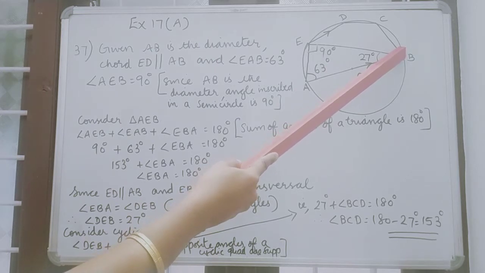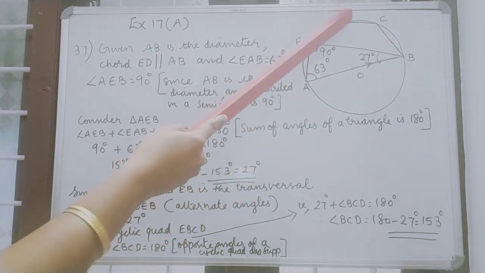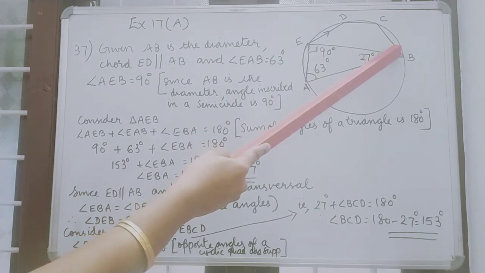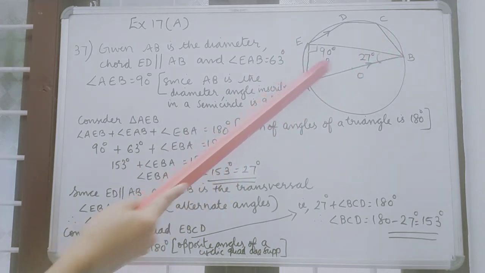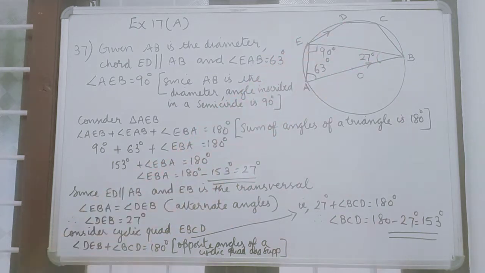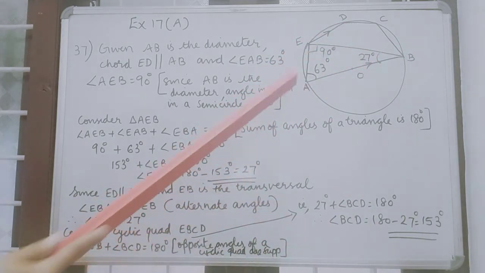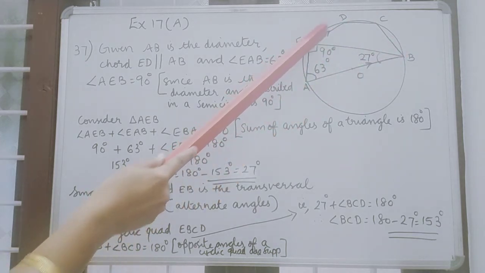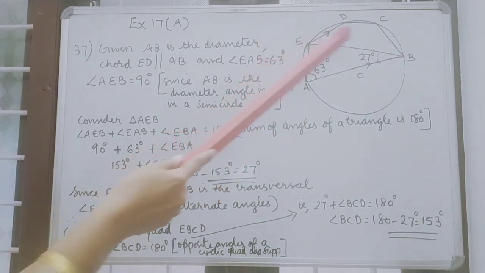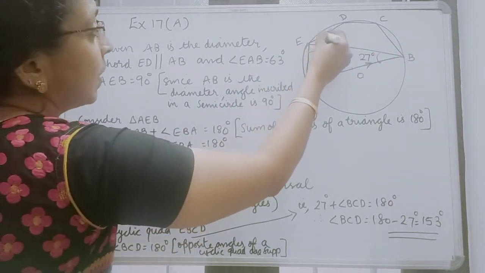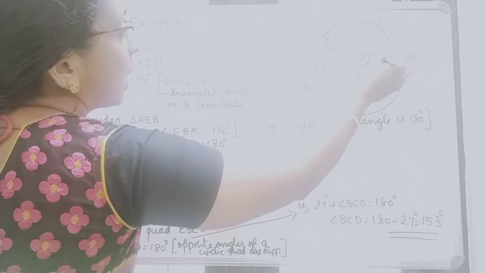So we can say that angle DEB will be the same as angle ABE, since these two are alternate angles. Which are the alternate angles? ABE and DEB. This one and this one are the alternate angles.